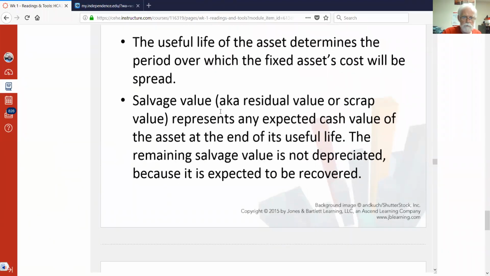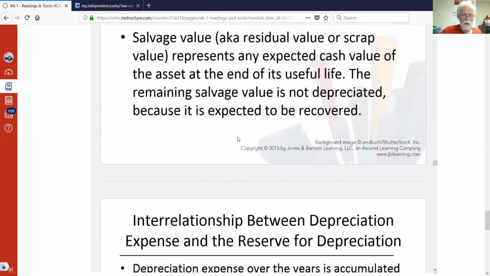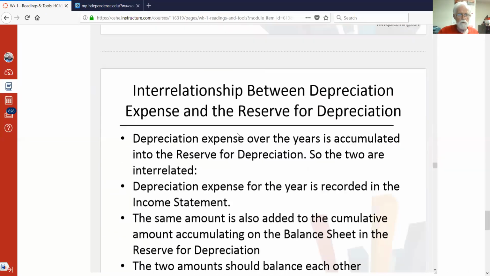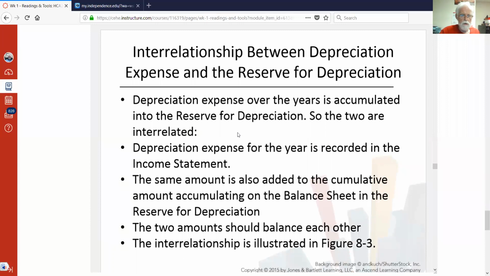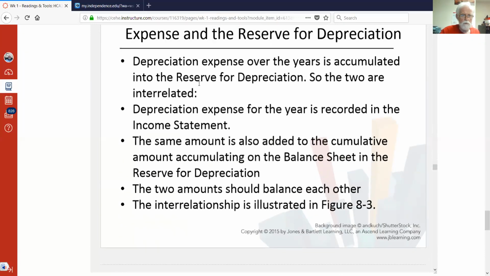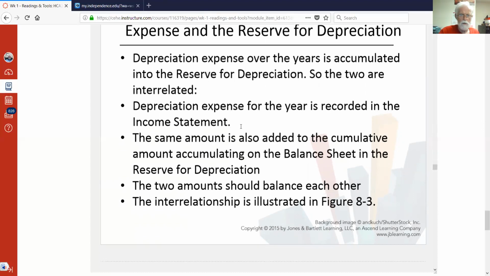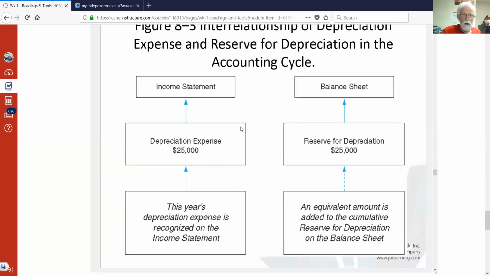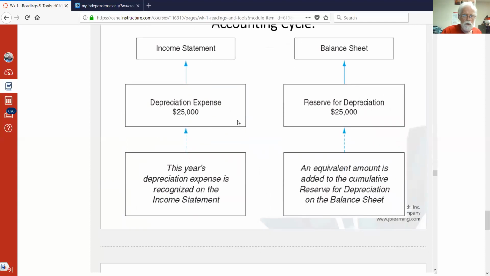And then there's the salvage value or residual value at the end. It's not depreciated because it's expected to be recovered. And so the depreciation is handled in special ways. We won't go into a lot of detail on that. So we want to take a look at our income statement.